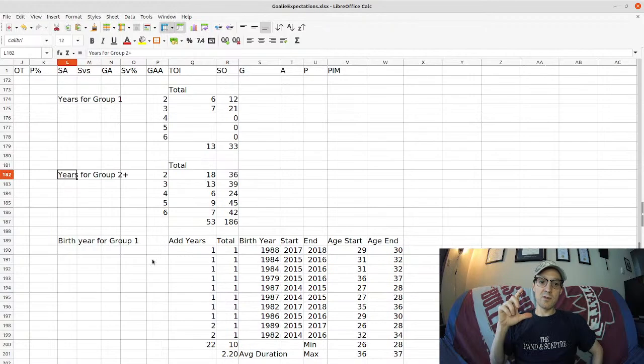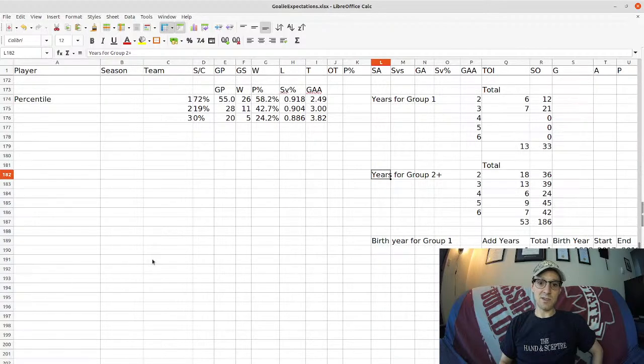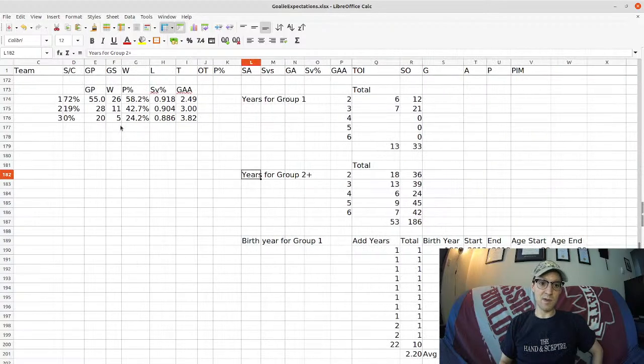Because we're in Group 1, we're filtering to the top performance, which is more demanding, you could say, higher expectations, which, as previously mentioned, are right here.